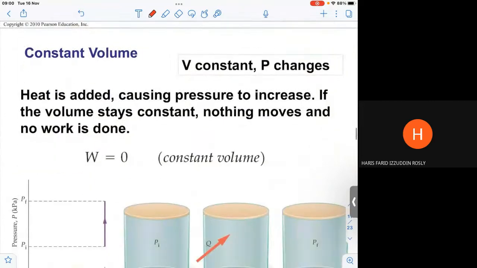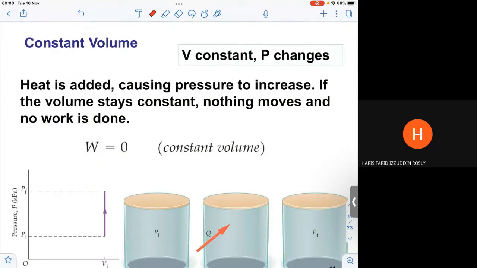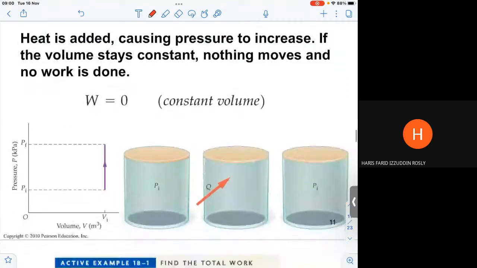Okay, so look at the constant volume. In the constant volume, the pressure also changes. But how can we tell from the PV graph? This is the PV graph. You can see here we only obtain one value of volume. From the initial pressure here and here, we can say there is a difference in pressure.